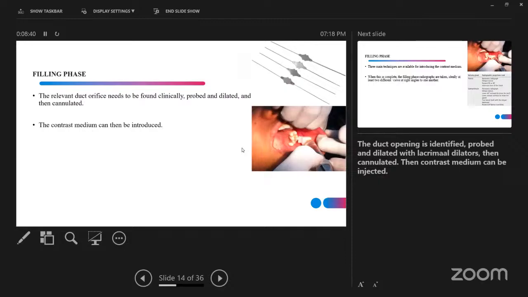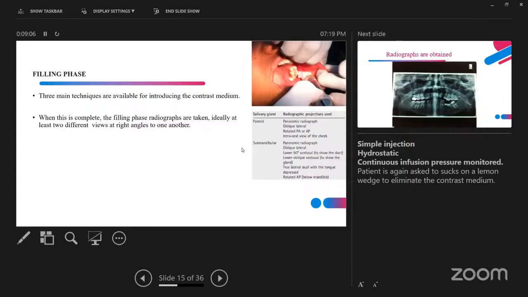Then the filling phase. After taking the preoperative scout radiograph, the relevant duct opening is identified, then probed, dilated with lacrimal dilators, then cannulated. After that, contrast medium is injected.